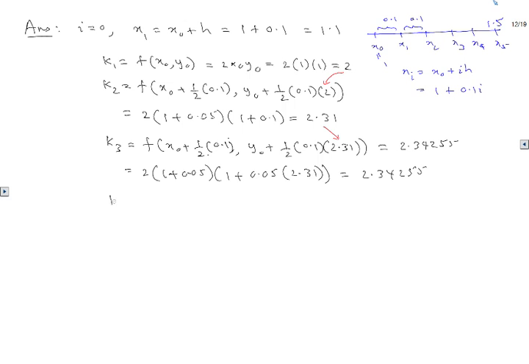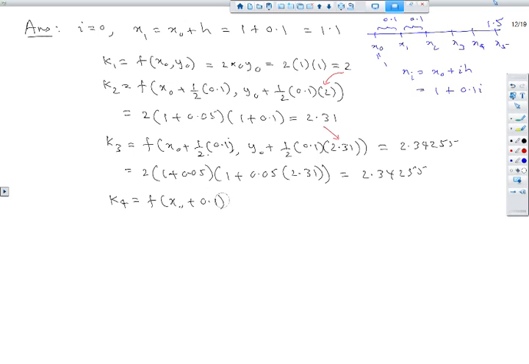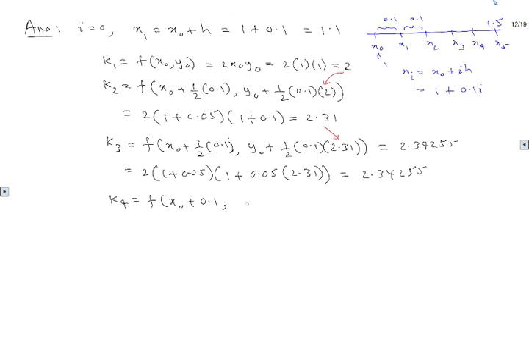Okay, so k4. So k4 is, again, actually that's easy. K4 is f of x0 plus 1 such gap, comma, y0 plus 1 such gap times the previous number, 2.34255.